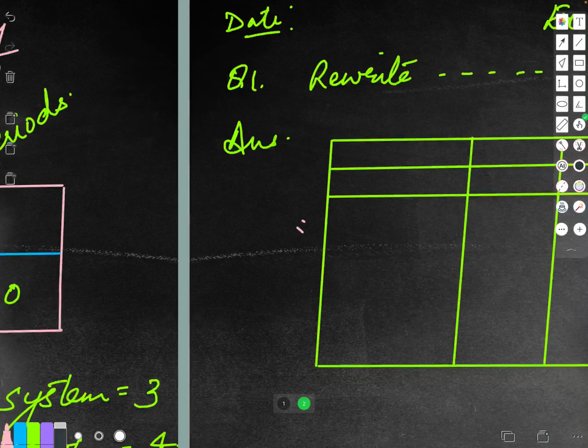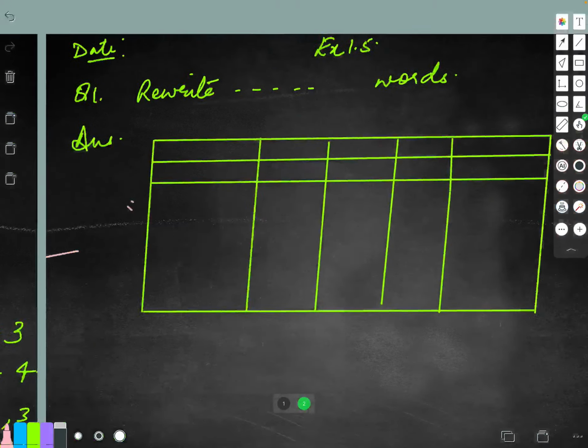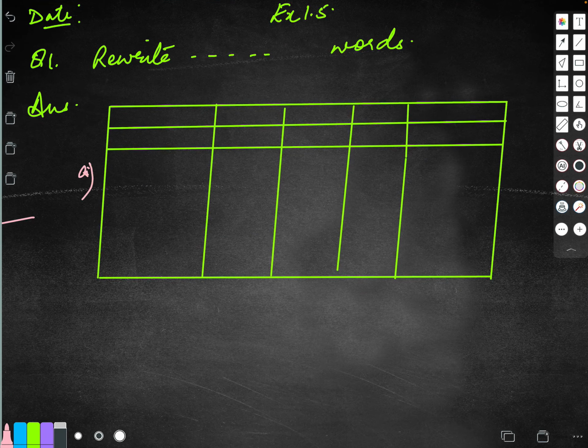We have ones, thousands, lakhs, crores. Ones, tens, hundreds, thousands, 10,000s, lakh, 10 lakh, crore, 10 crore. A, B, C, D.